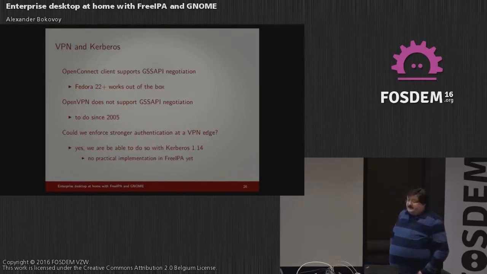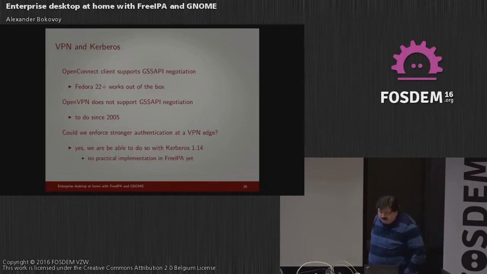On the VPN side, there is currently only one VPN software that supports this. It's actually not the proxy, but the JSON API integration. That's OpenConnect, which works out of the box.